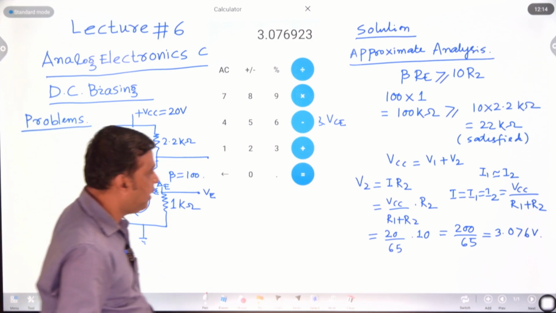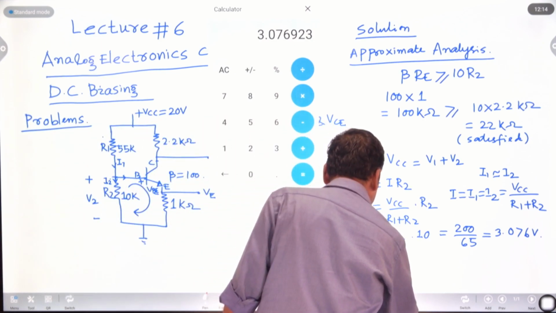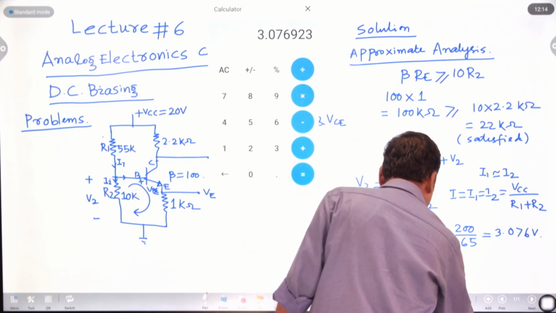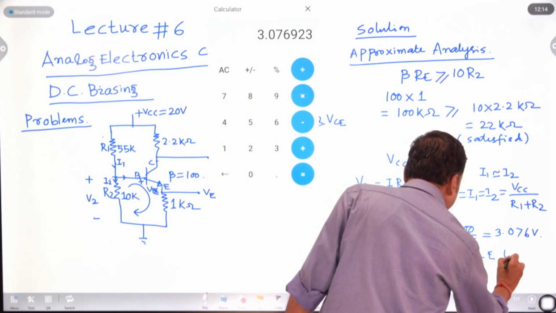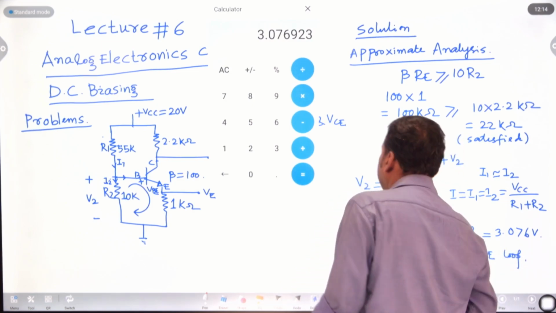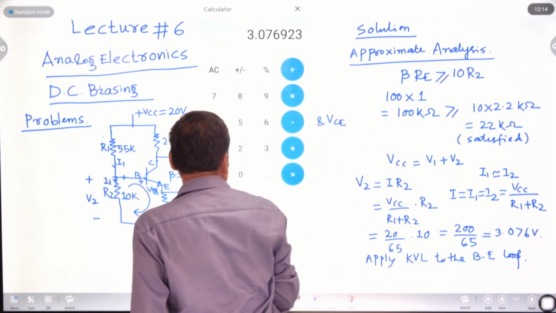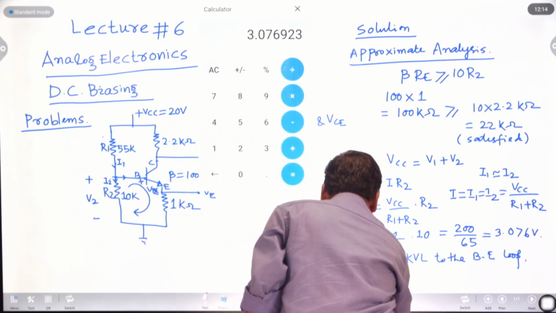If you apply KVL, Kirchhoff's voltage law, to the base emitter loop, what is my equation? Minus to plus, that is your V2.